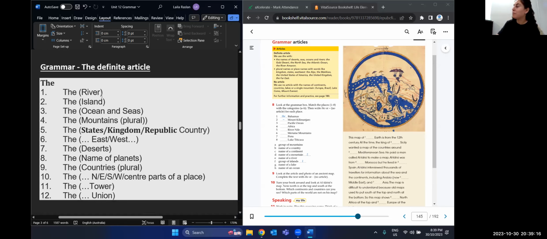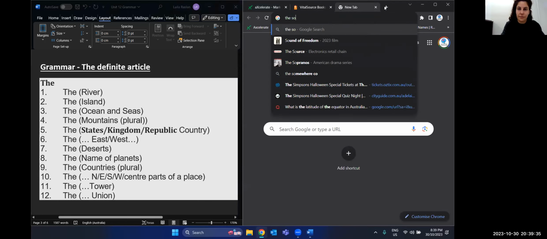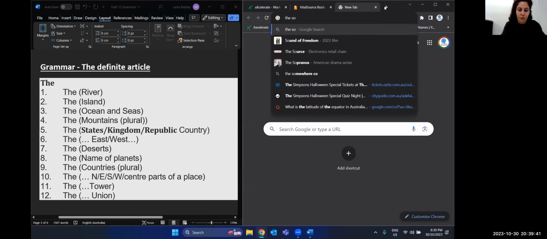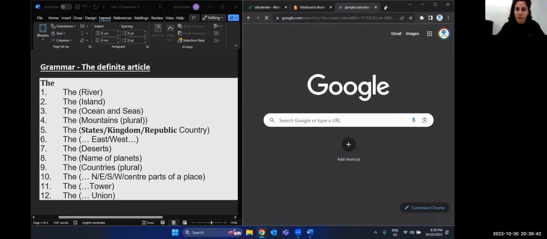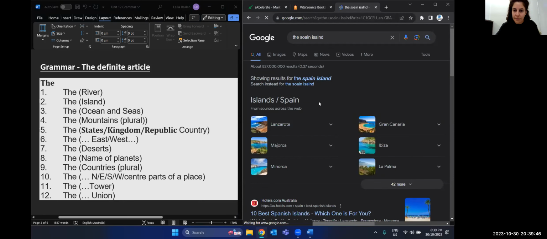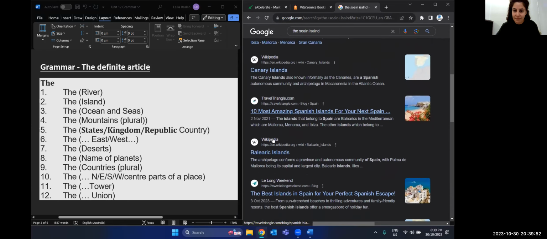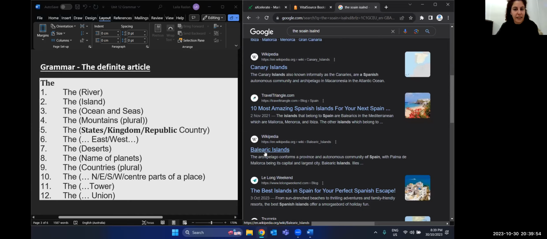When you have the name of a river, you say the. For example, the Amazon River. When you have an island, you say the, like the Samoan Islands, the Canary Islands, the Balearic Islands.